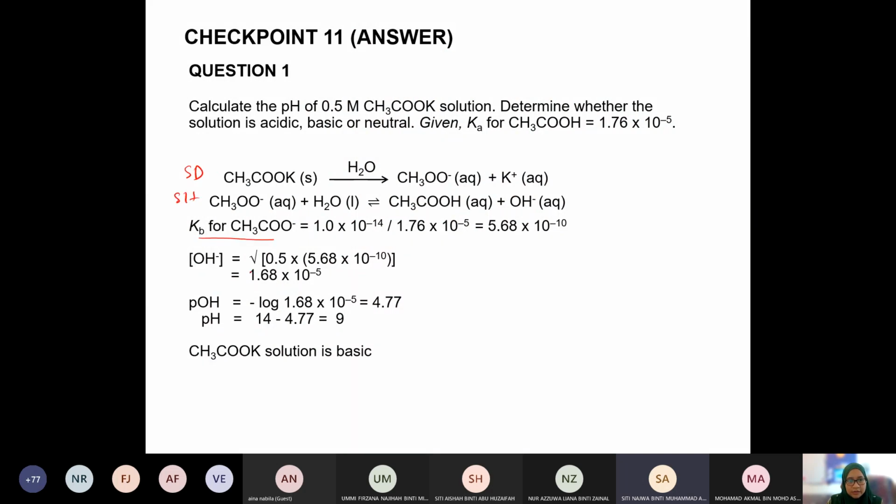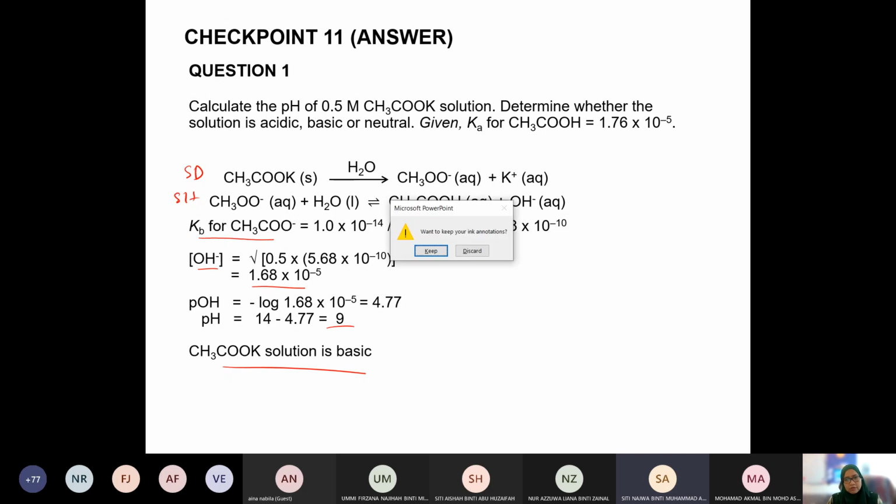You have to find out the Kb and then you find out the OH minus. So this will be the value. Okay, pH is this. Solution is CH3COOK. Don't forget to finally conclude that CH3COOK solution is basic.